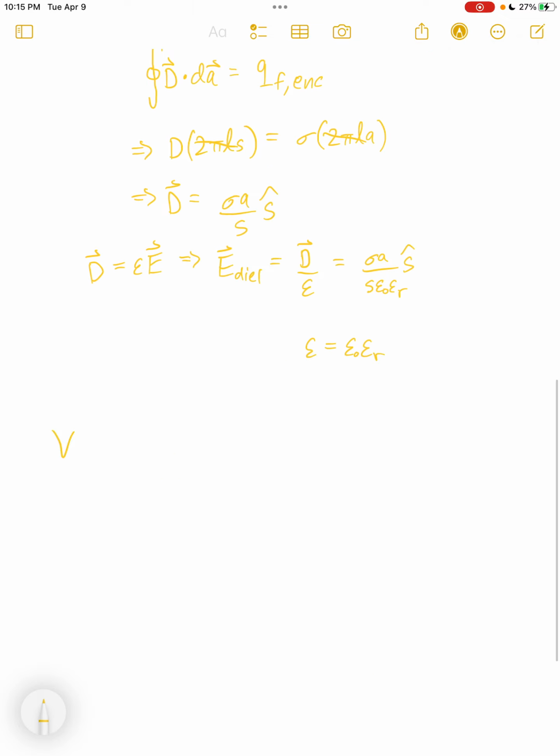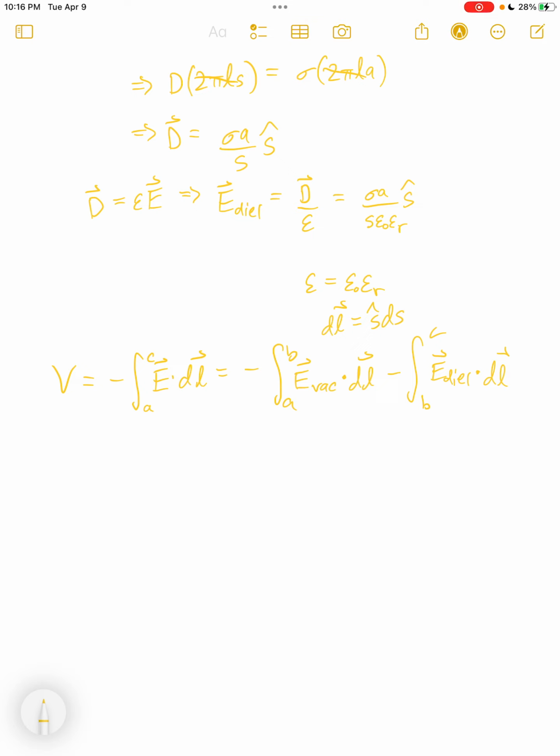Now let's find the potential difference. Go from A to C, E dot dl. Go from A to B, E vac dot dl, minus B to C, E dielectric dot dl. I'm going to take a radial path, so my dl is just going to be S hat ds.